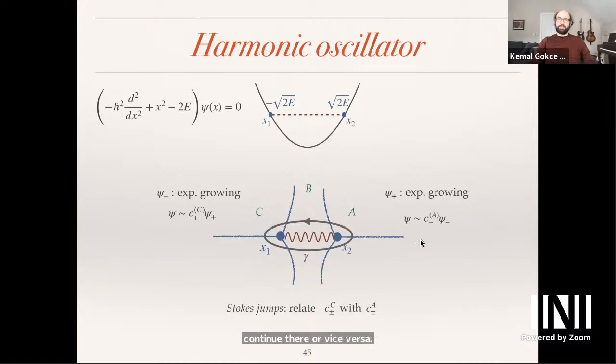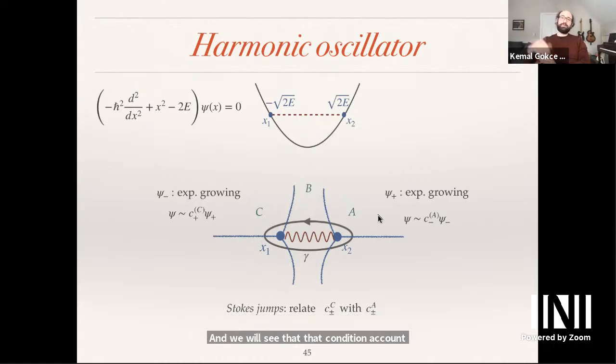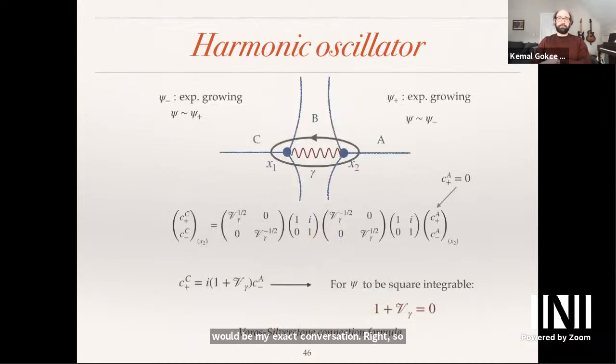Even if I start with a form like this, I might actually generate an exponentially growing piece if I analytically continue, let's say, from here to here. So I want to make sure that that doesn't happen. And we will see that that condition can only be satisfied for certain values of the energy, and that would be my exact quantization. Okay, so we can work out these Stokes jumps.